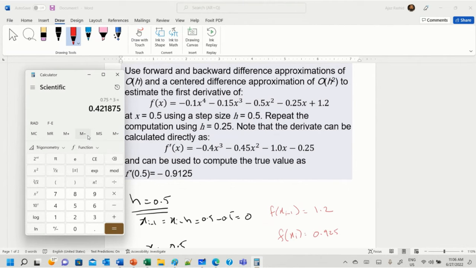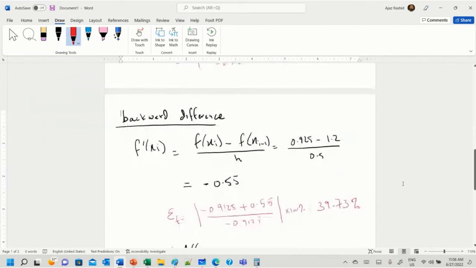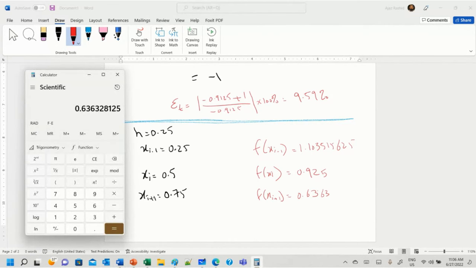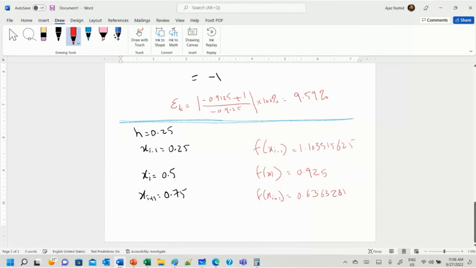Then 0.75 to the power 3 multiplied by 0.15, subtract from the memory. 0.75 to the power 2 multiplied by 0.5, subtract from the memory. 0.75 multiplied by 0.25, subtract from the memory. 1.2, add it to the memory. And I get 0.636328125, so 0.6363 2815.